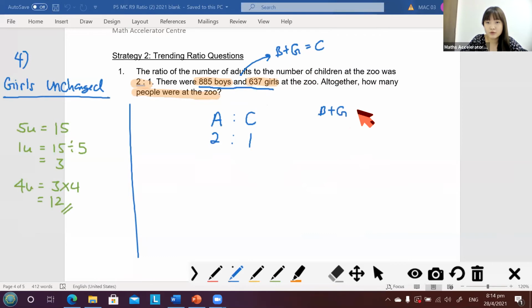Boys plus girls, it will be 885 plus 637. Can you calculate this? Okay, what's the total number of boys and girls? Okay, thank you. 1,522. So boys plus girls is also children. Okay, it is the same.